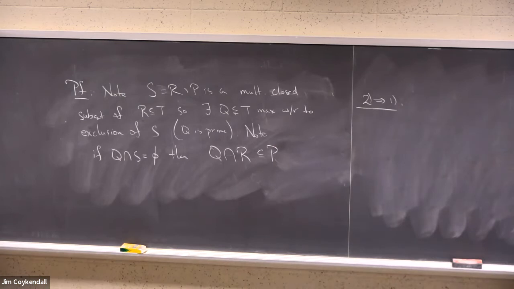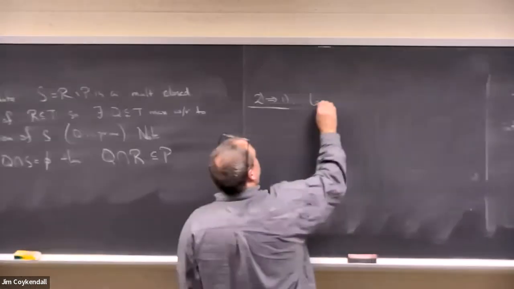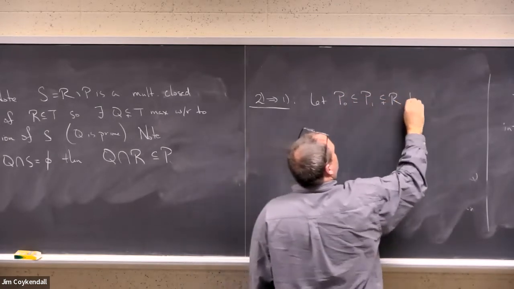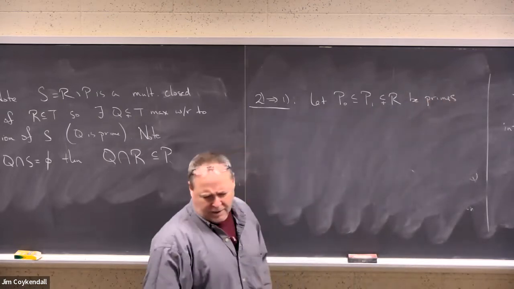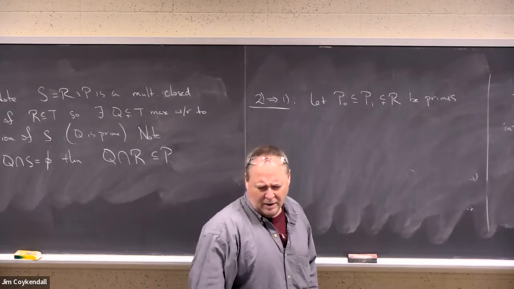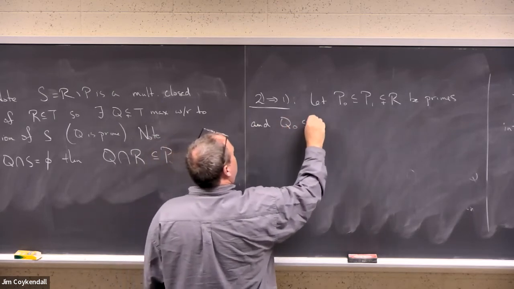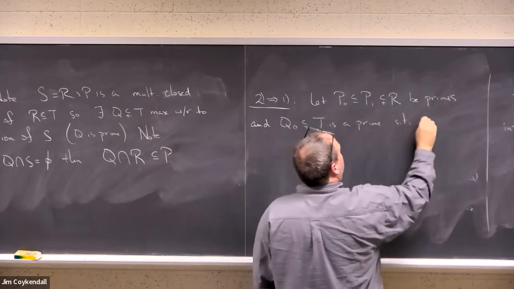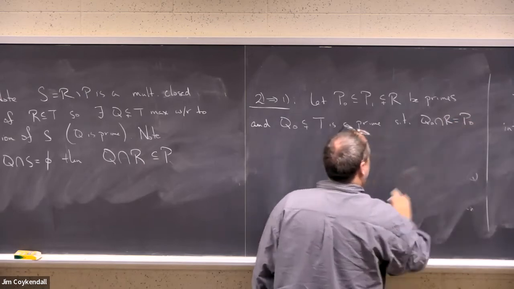Okay, so suppose we've got this mouthful here, and we need to show that it's going up. So suppose we have a chain of two primes of R, and Q0 in T is a prime such that Q0 intersect R is equal to P0.